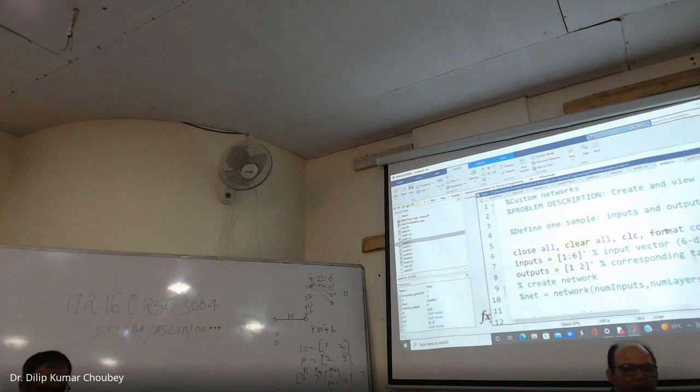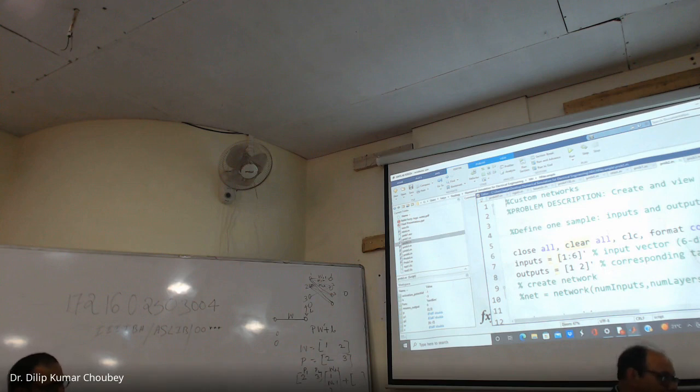Close all means if any figure is there, all the figures will be cleared. Clc clears the command window, and similarly we use format compact. Here we consider 1:6, meaning six inputs, the input vectors. In MATLAB we first record the input, the output and the weight matrix. The output is the corresponding target output.